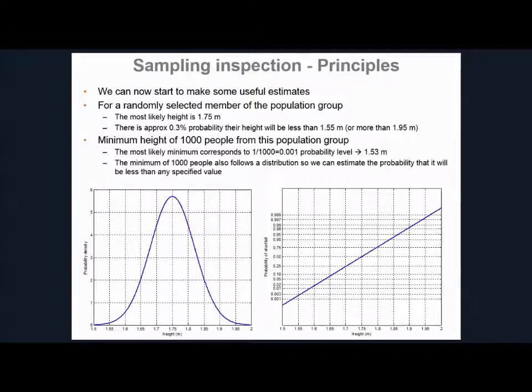We can also start to look at things like, well, what's the minimum height? If we took 1,000 people selected from that population group at random and said, what's the minimum height likely to be?